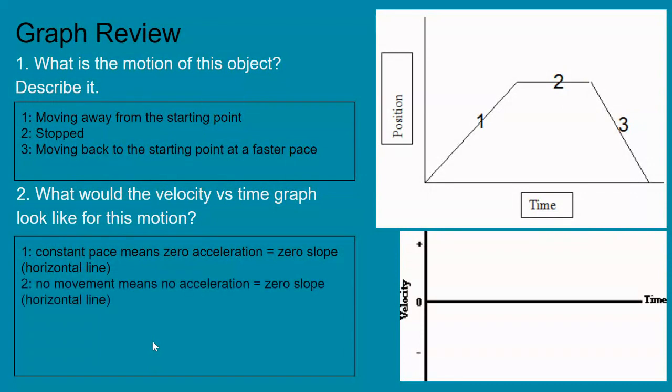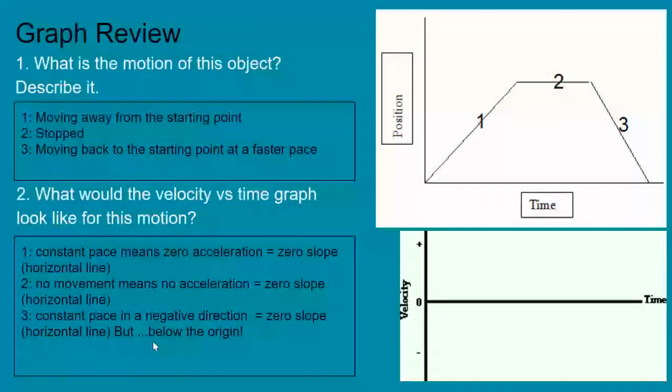The second part, there's no movement at all, which also means zero acceleration. That means that there's zero slope again and a horizontal line. And then finally, our constant pace, but in the negative direction, is also going to be zero slope, so a horizontal line, but this time it's going to be below the origin, in the negative part of our graph.